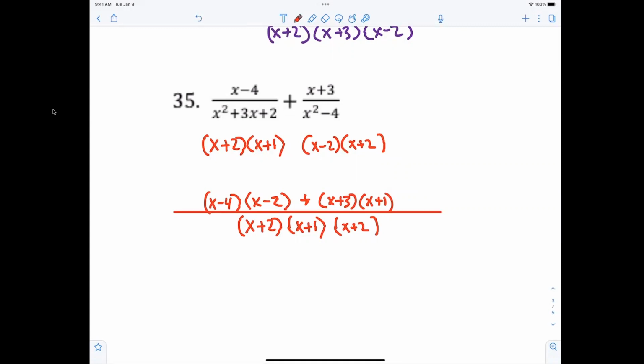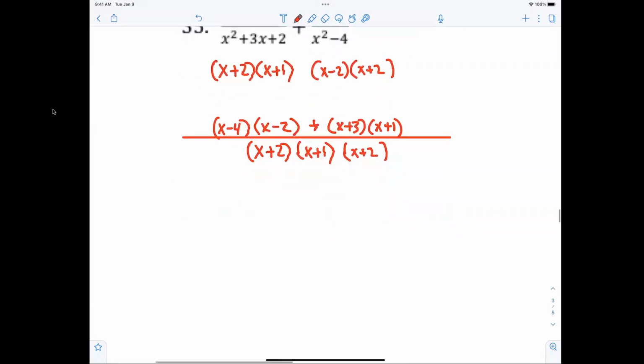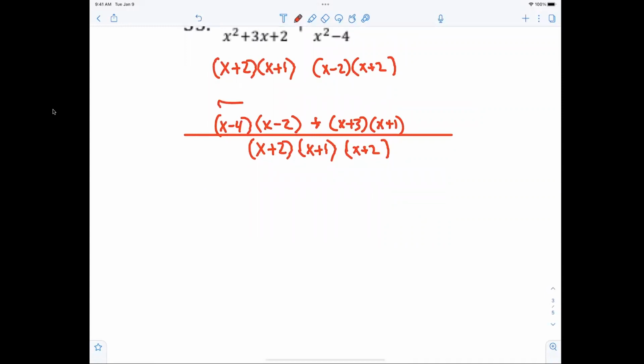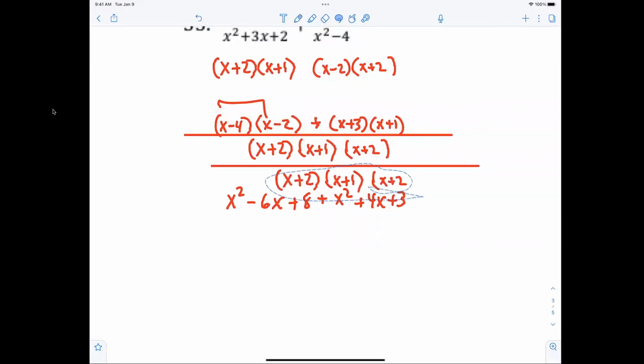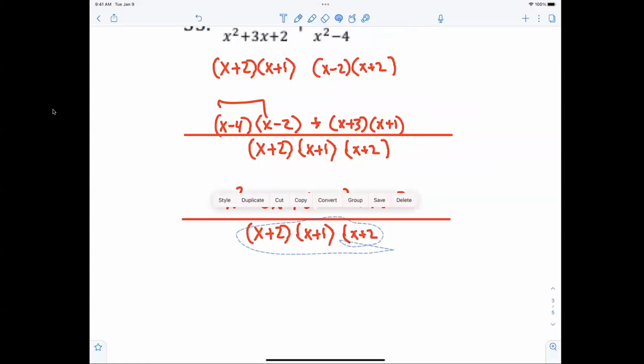Come on, guys. Anybody having trouble with that? Anybody? All right, now let's practice multiplying, please. Multiply. X squared, keep going, minus 6X plus 8. You're amazing. Keep going, plus X squared plus 4X plus 3. Very nice. All right, now let's combine terms.